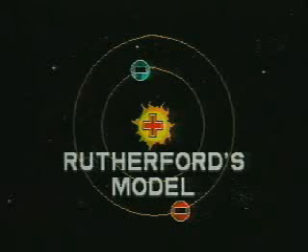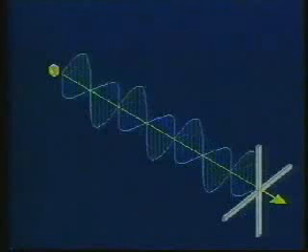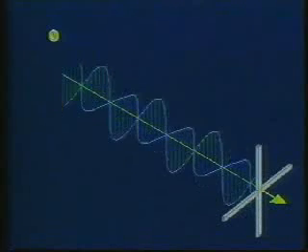But in the end, it presented problems. Classical physics theory predicts that an accelerated charge will produce electromagnetic radiation, a form of energy. Well, an electron moving in a circle at a constant speed is an accelerating charge. And yet, if it continually radiates electromagnetic energy, it is obviously losing that energy.